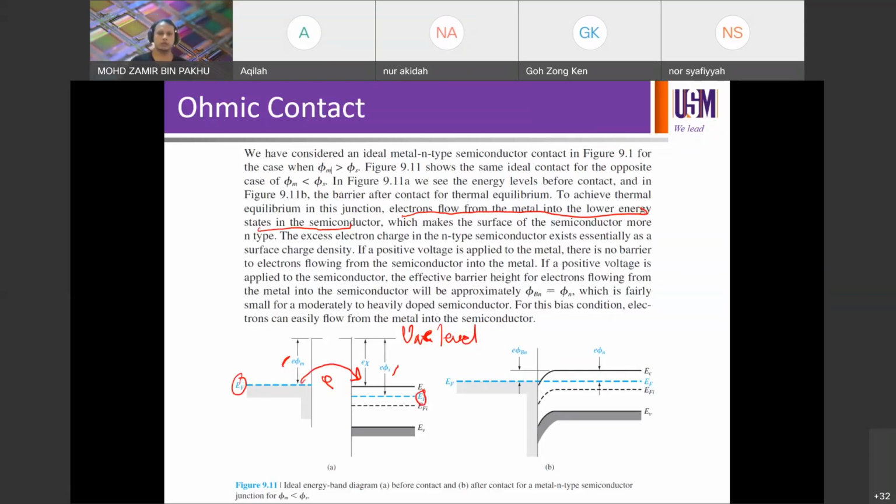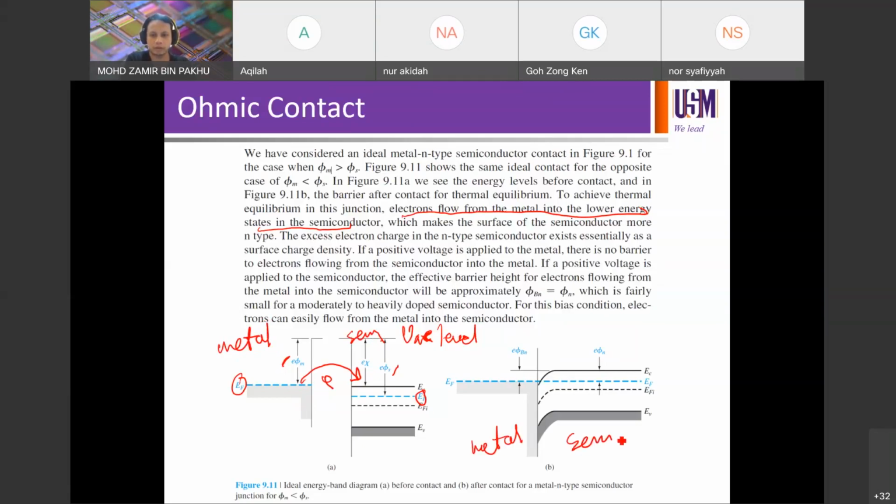Right? So if a positive voltage is applied to the metal, the left-hand side is the metal and the right-hand side is the semiconductor.